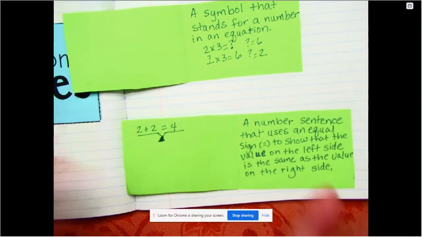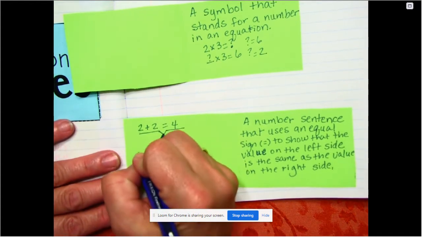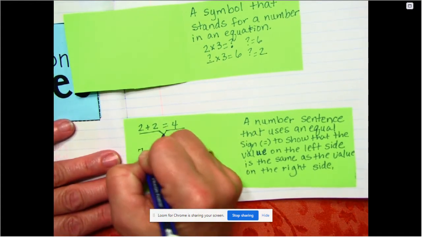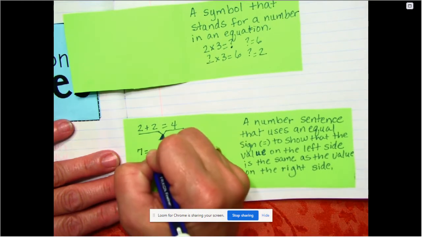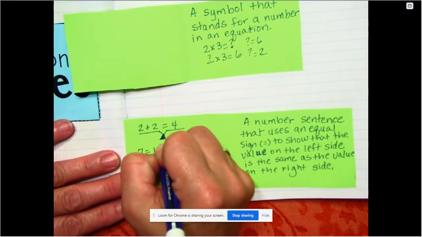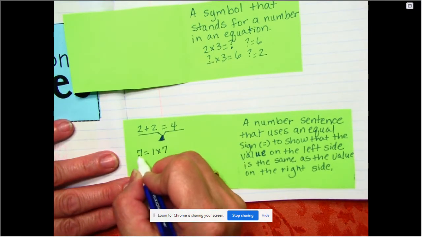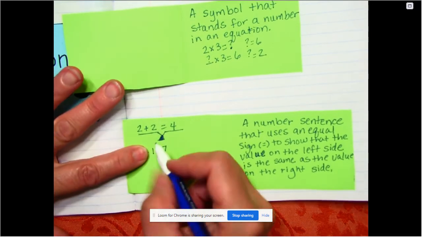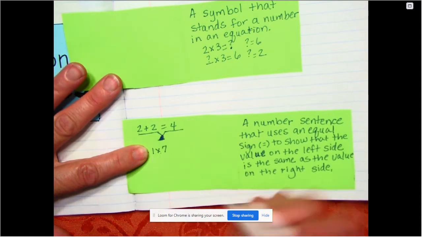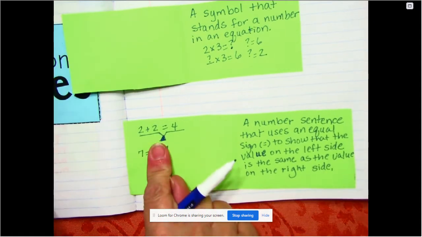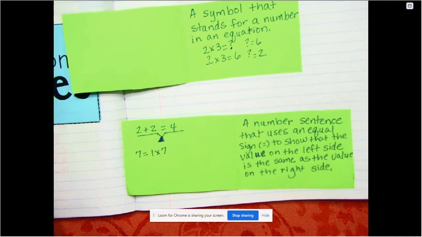It's things that you can measure, and they get higher and lower. Okay, I could also do 7 equals 1 times 7. They're equal to each other. This side is 7 as well as this side. If you just saw that, you would say one group of 7 is 7. If you just saw that, you'd say 7. So they're equal.